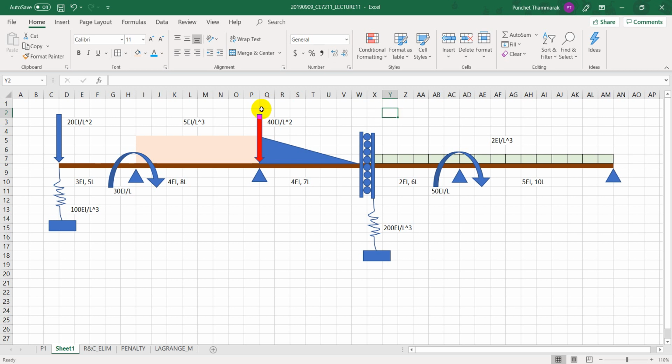It is just right above the support. So the rotation and displacement solution will not be changed no matter how you change this force. But when you calculate the support reaction, it will be affected by this point force.